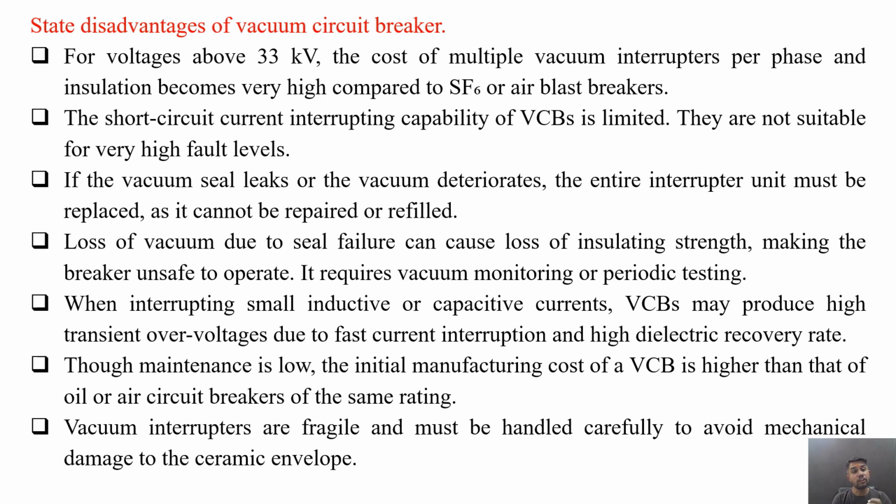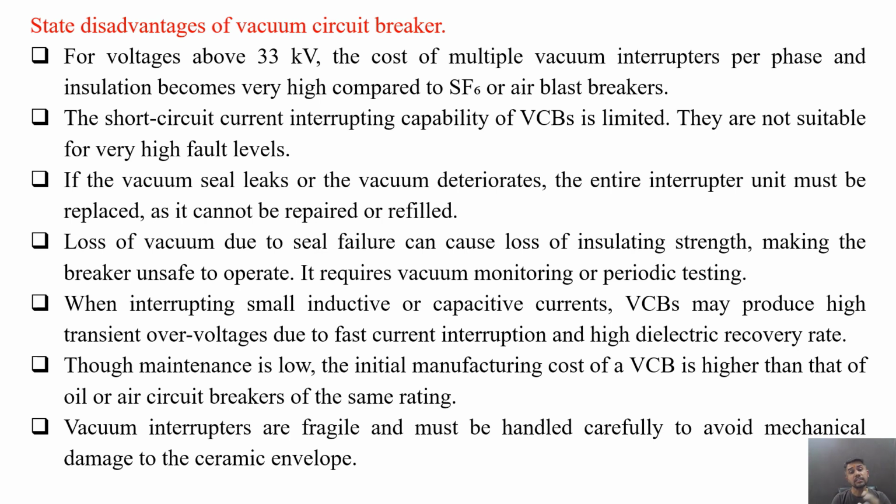Now, loss of vacuum due to the seal failure can cause loss of insulating strength, making the breaker unsafe to operate. It requires vacuum monitoring or periodic testing. Now, when interrupting small inductive or capacitive currents, VCBs may produce high transient overvoltage due to fast current interruption and high dielectric strength or recovery rate.